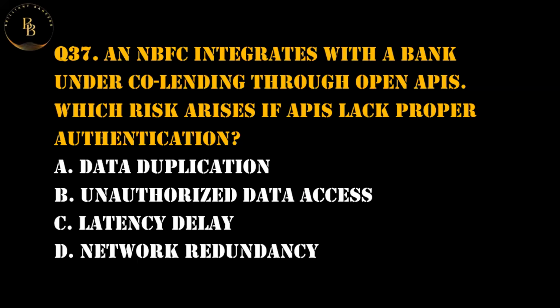Or option D, the network redundancy? Open APIs must enforce strong authentication and authorization. Without this, partner systems could access or alter the customer data. So unauthorized data access is what happens.